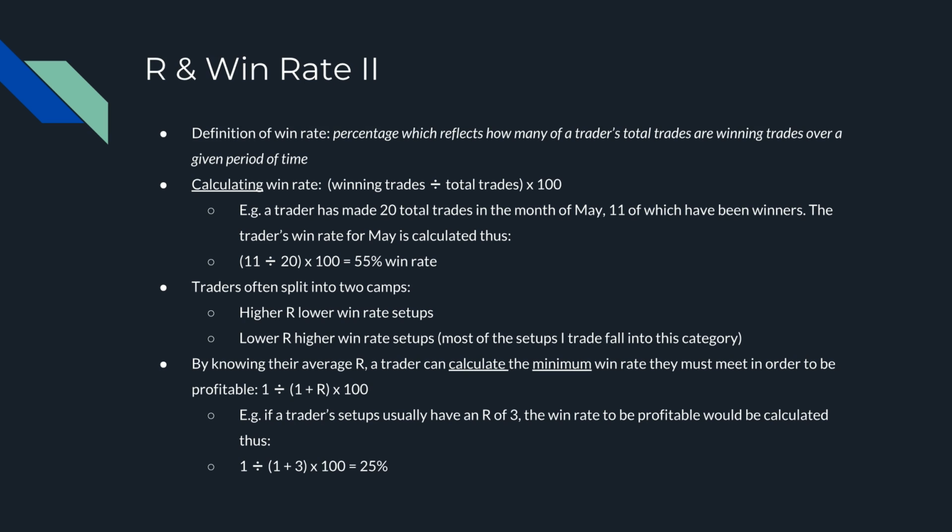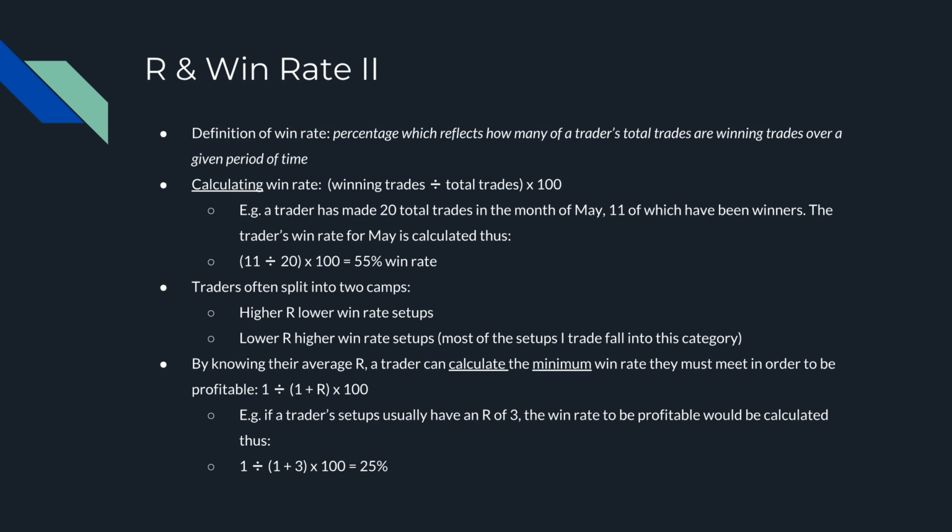Or the opposite, of course, which is lower R and higher win rate setups, where your reward isn't that great, but your trades will be successful more often. And this is the category of trade that I tend to pursue myself as well.